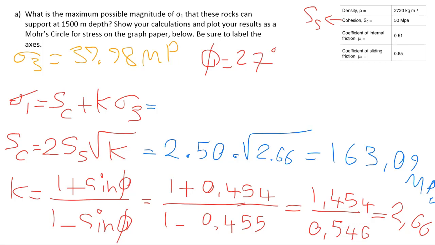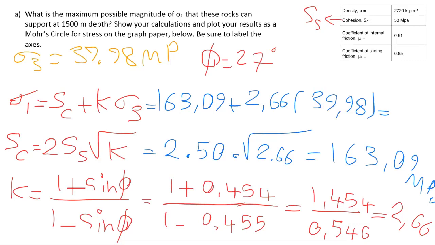Now this value is 163.9 plus 2.66 multiplied by 39.98. So if you calculate this, you will come up with the sigma 1 value.